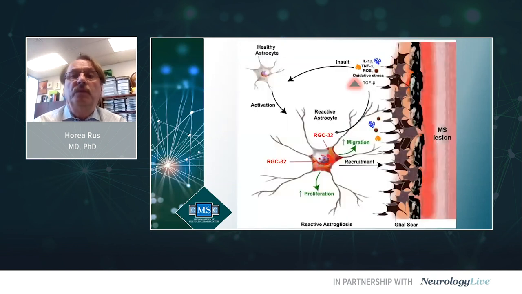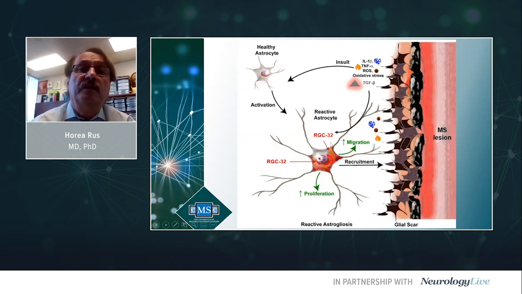And to put this even in the perspective of a gliotic scar, in clinical lesions, the MS lesions are surrounded by gliotic scars, and RGC32 plays an important role in activation of the astrocytes to become reactive astrocytes.